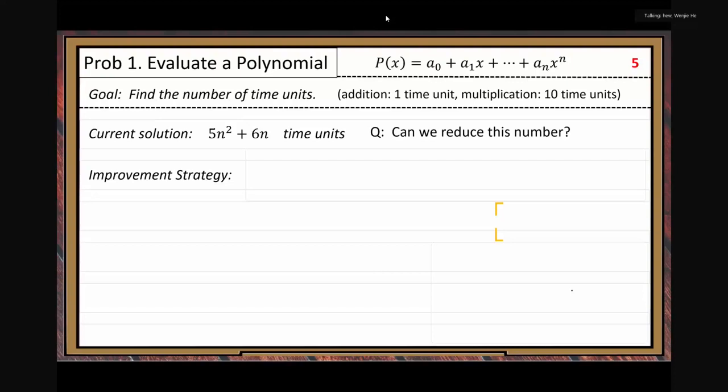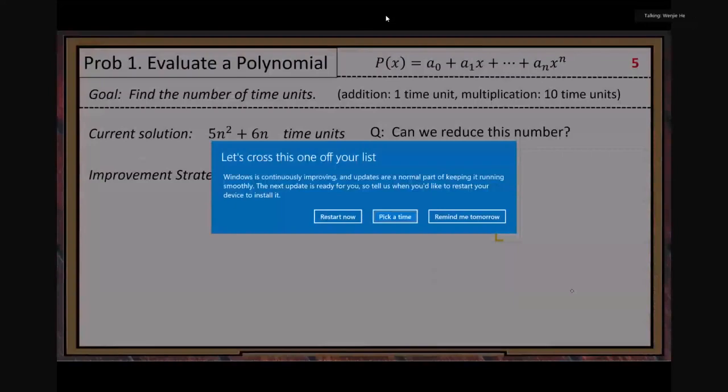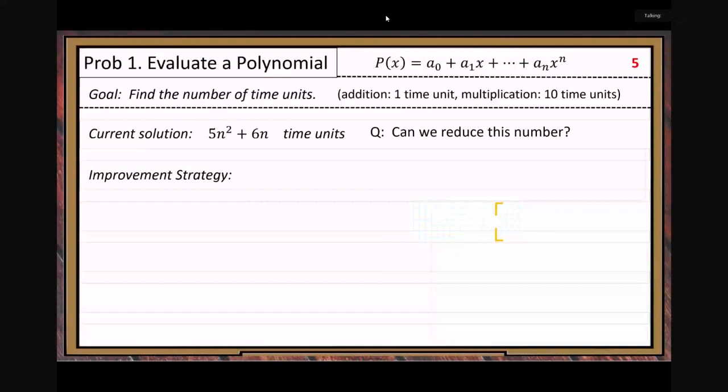Here we have two parts, an addition part and a multiplication part. But our resource is limited. Do you want to invest your resource in improving the addition part or improving the multiplication part? Two possible ways.